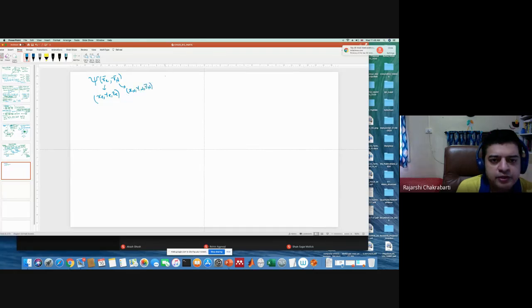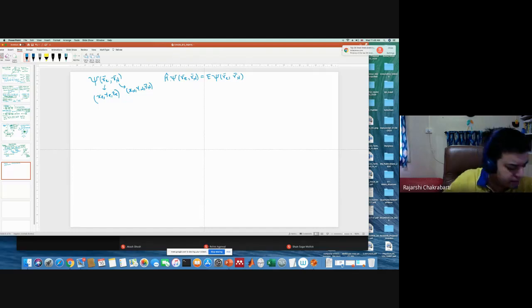So the Schrodinger equation which I have written here is this one. And this is not easy because this is a function of 6 variables, and this Hamiltonian also involves 6 variables.